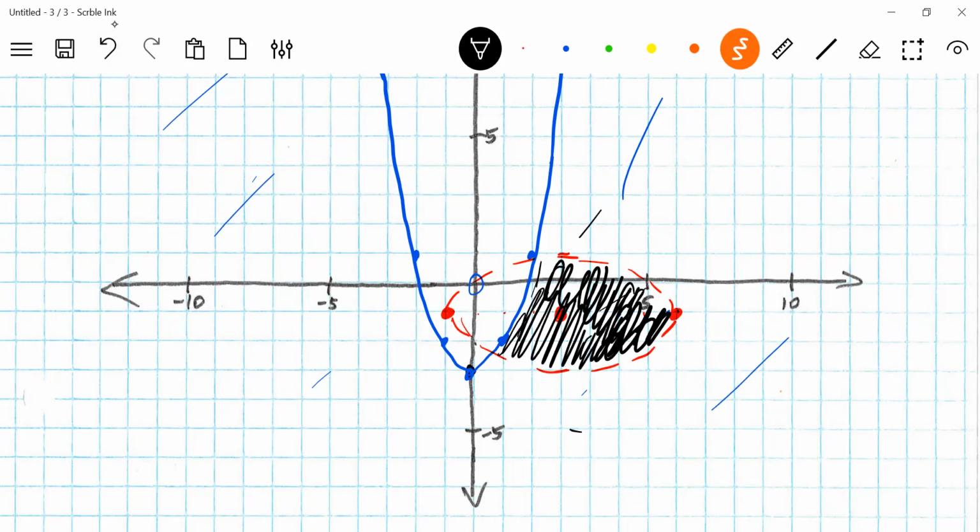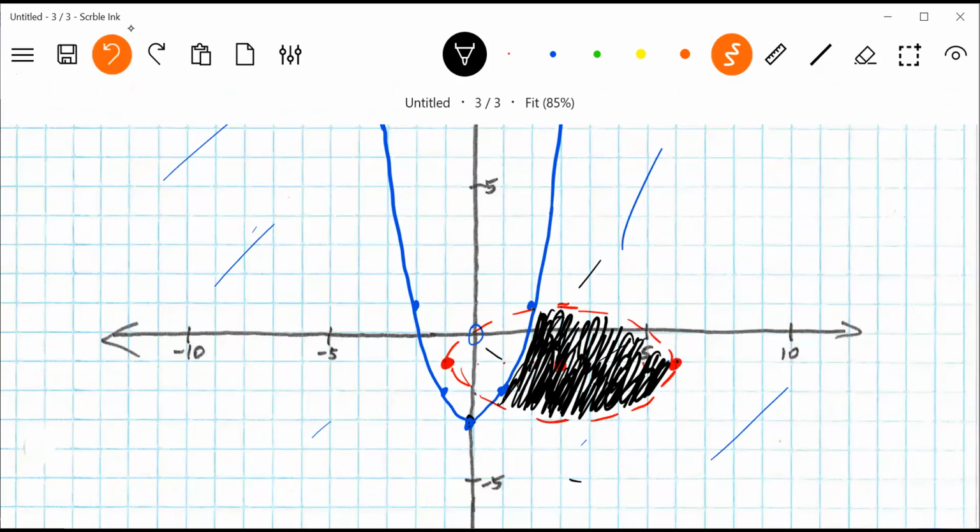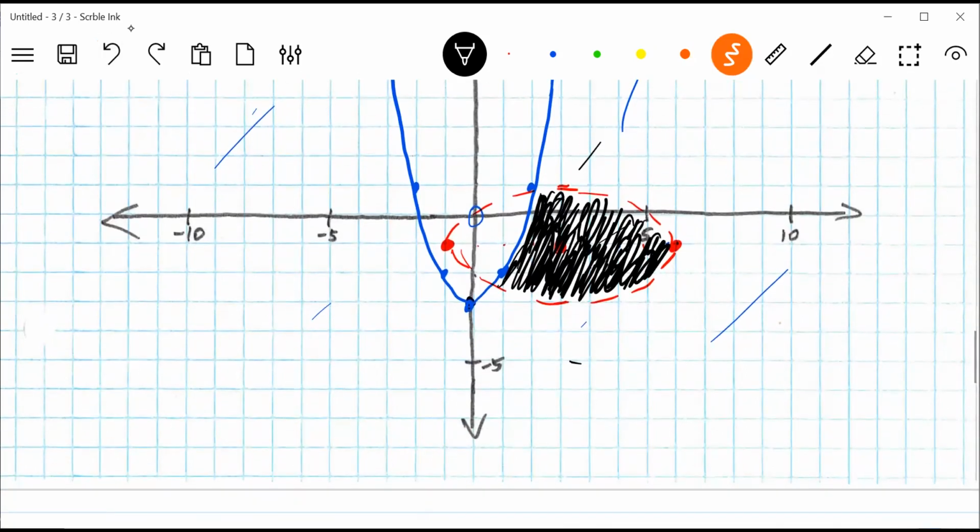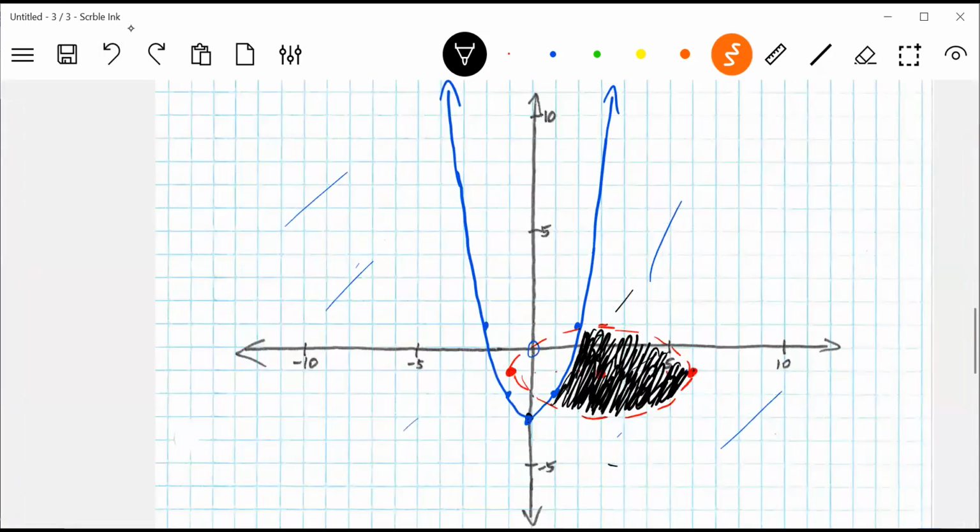Well, some of it's going away as I'm doing it, but I'm trying to be careful. Okay, I think that's enough to show that I've shaded well, and that I mean to shade on the inside there, but not here, and not out here. So that's important to see. Those are not places to shade.